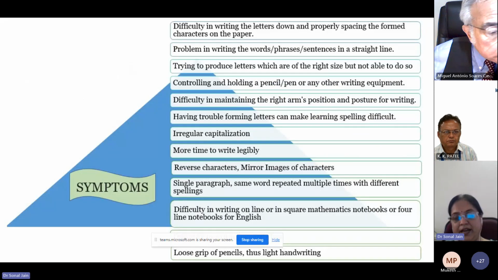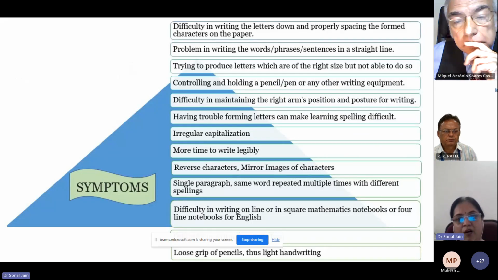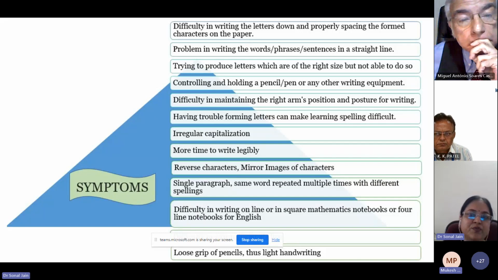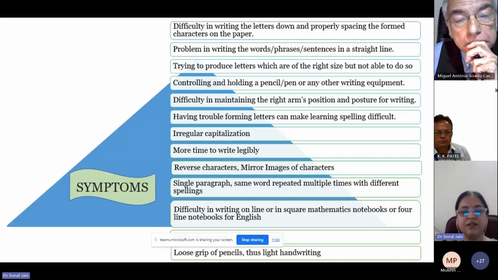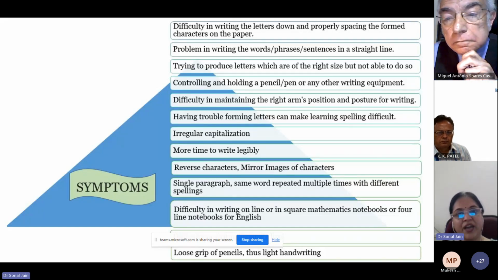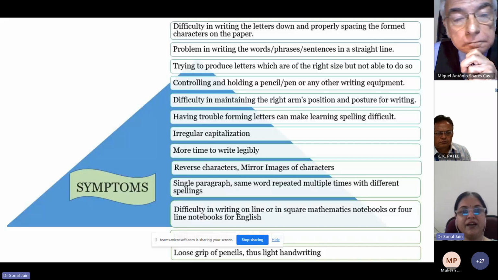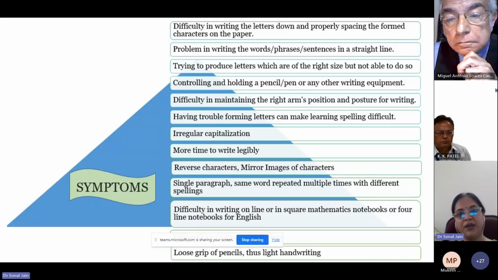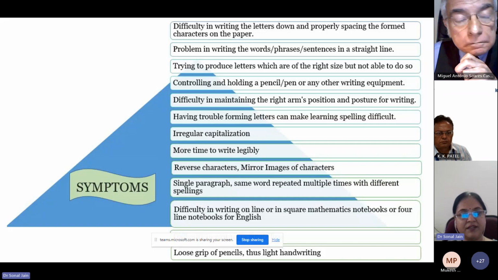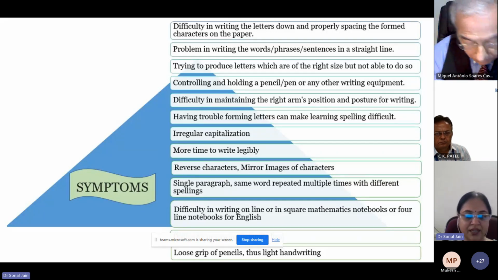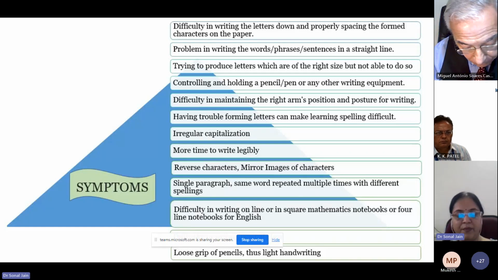This is an apt list of the symptoms which students suffering from dysgraphia face. As I mentioned, there is difficulty in writing the letters down and properly spacing the characters. In the Indian scenario, we make students write in 2-line notebooks if it is Hindi or Gujarati, 4-line notebooks if it is English, and square notebooks for mathematics.